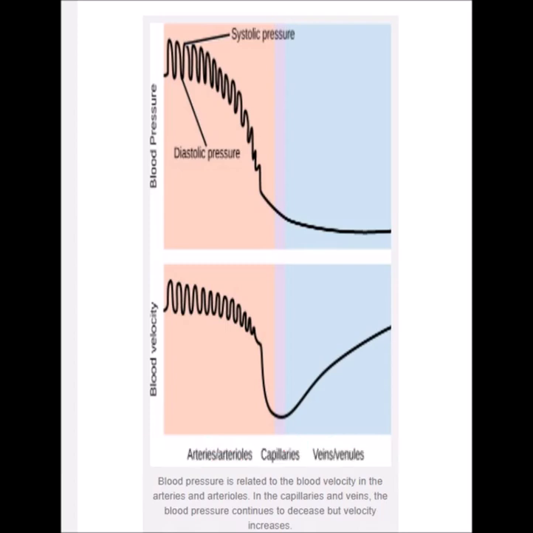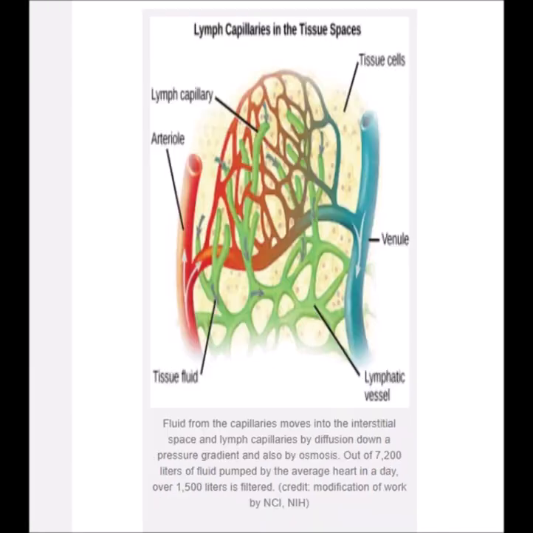Now we want to talk about exchange of nutrients, exchange of materials across the capillaries. Proteins and other solids cannot leave the capillaries. The loss of the watery plasma creates a hyperosmotic solution within the capillaries, especially near the venules.